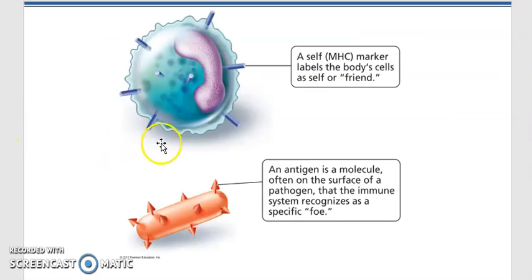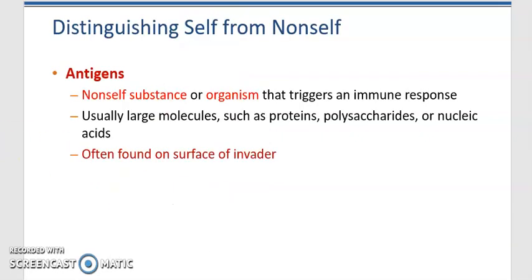So here's a diagram of what that kind of looks like. So this would be a normal tissue cell or body cell displaying your major histocompatibility complexes, those MHC markers. And here would be a potential bacteria cell that would be invading us, displaying an antigen on its capsid instead. So an antigen is a relatively general term. It means any non-self substance or protein or an organism that triggers an immune response.